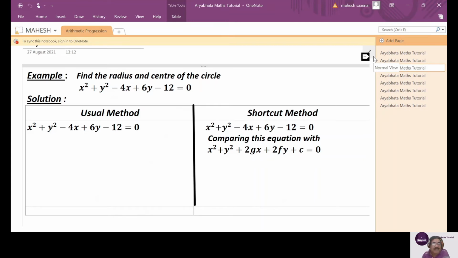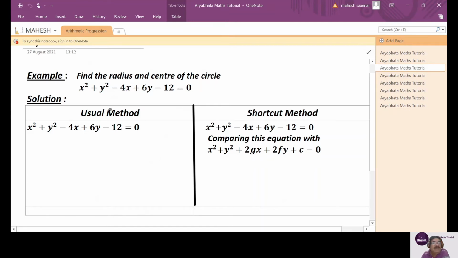Now we take an example. The equation is x square plus y square minus 4x plus 6y minus 12 equal to 0. By the usual method, we will first write x square minus 4x plus y square plus 6y is equal to 12.